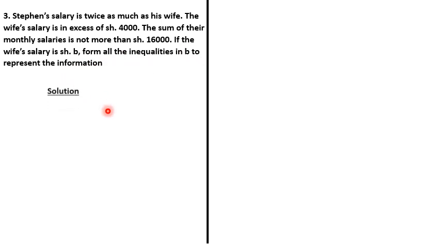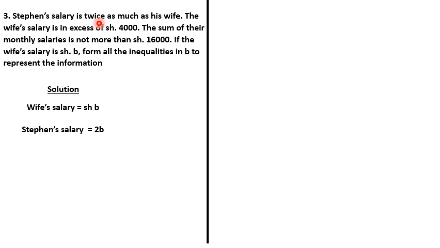Solution. Now, if the wife's salary is B, we know that the wife's salary is shillings B. You are told Stephen's salary is twice as much as his wife's. So if the wife is B, then his salary is twice that of the wife, and therefore Stephen's salary becomes 2B.